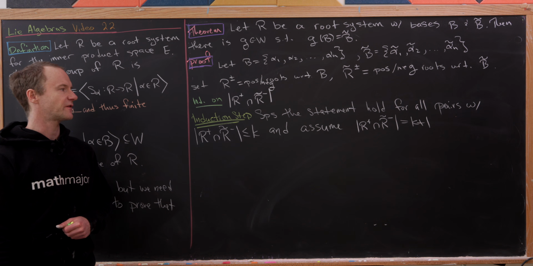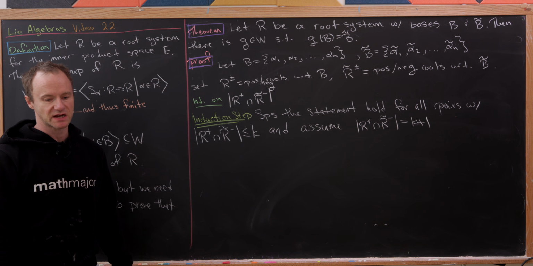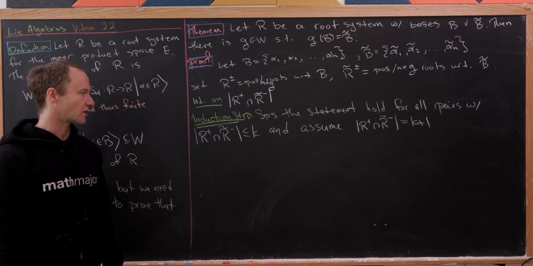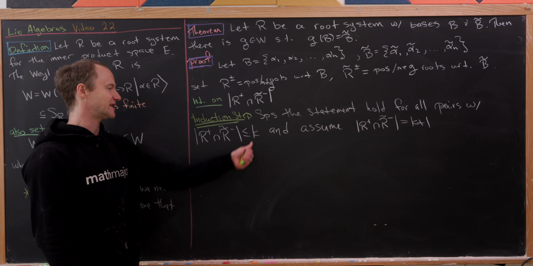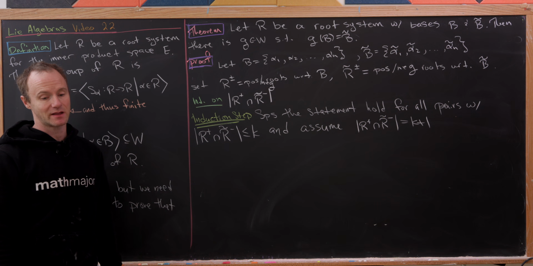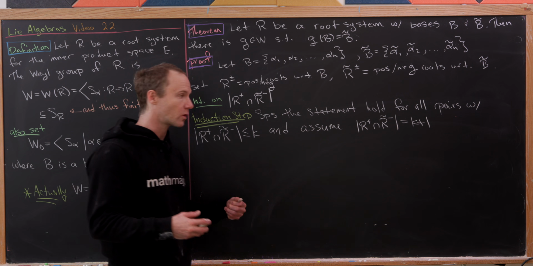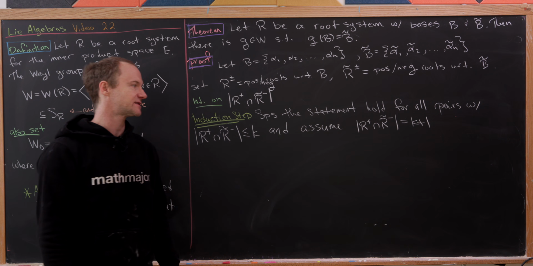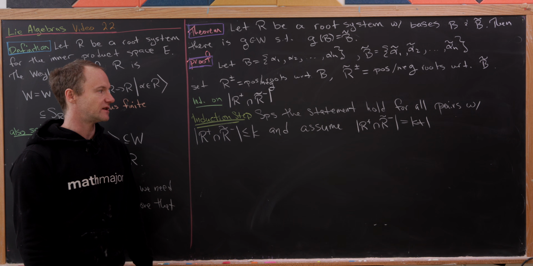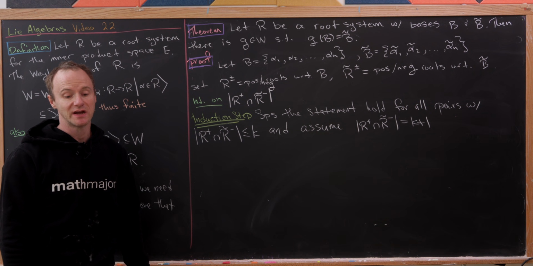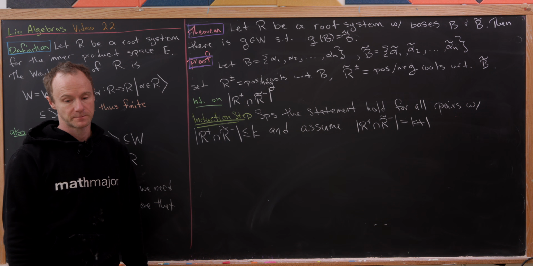Okay, so now we're ready for the induction step, of course, starting with the induction hypothesis. So let's suppose that the statement holds for all pairs where this intersection has k elements or less. And then now let's assume, towards the induction step, that the number of elements in R plus intersect R tilde minus is equal to k plus 1.